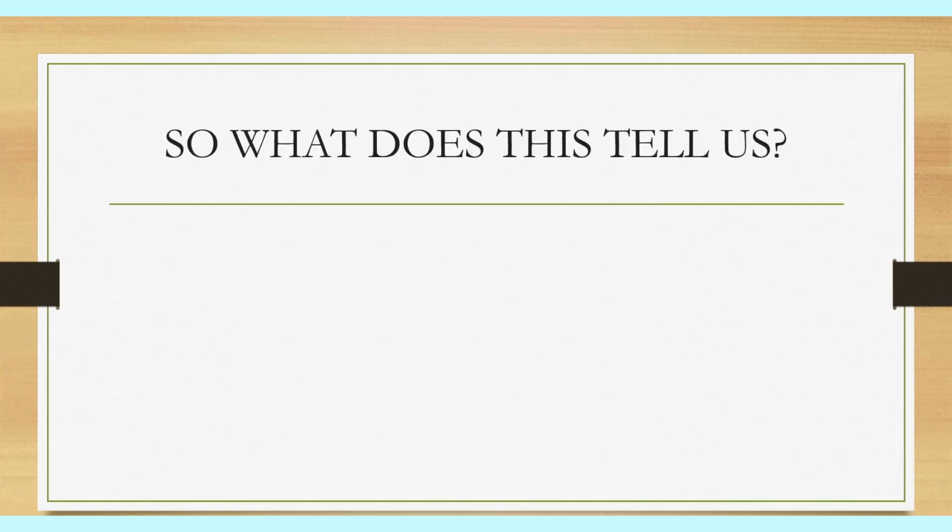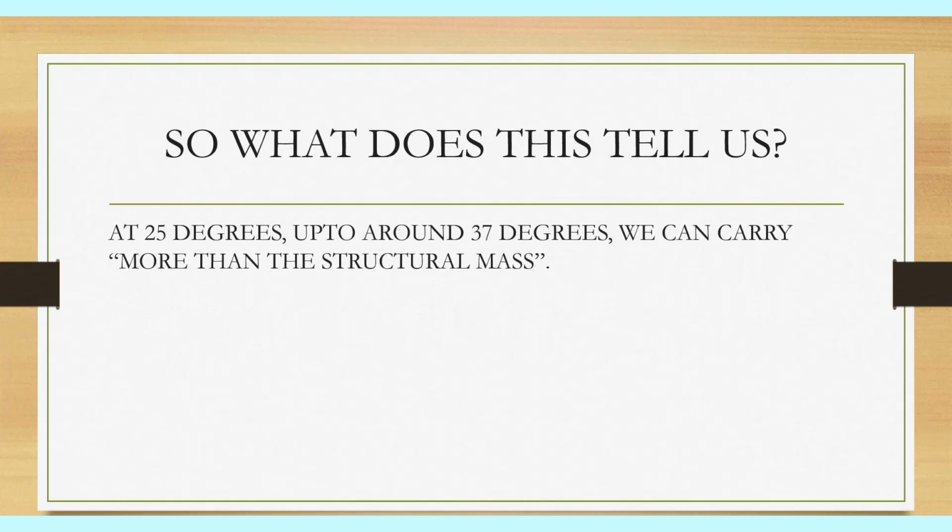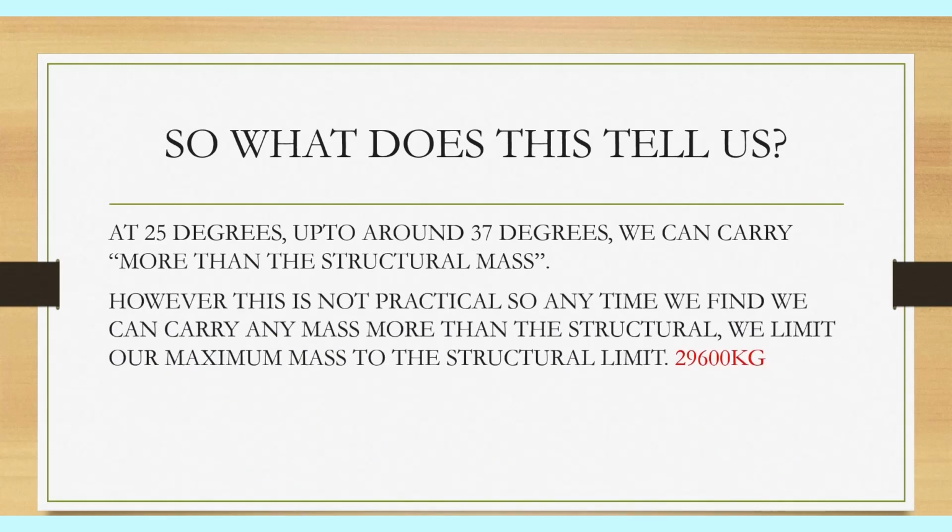Okay, so just like what I've said, at 25 degrees up to around 37 degrees, we can carry more than the structural mass. All right, and this is not practical, as I've just said. So anytime we find we can carry any mass more than the structural, we limit our maximum mass to the structural limit, which on the graph, if you go back to it, is 29,600 kilograms.